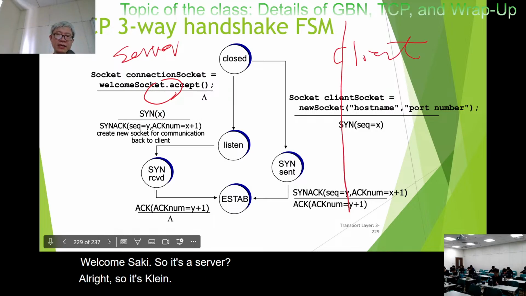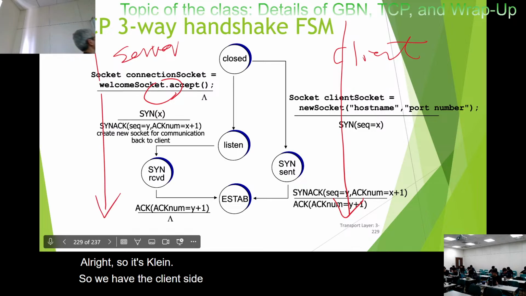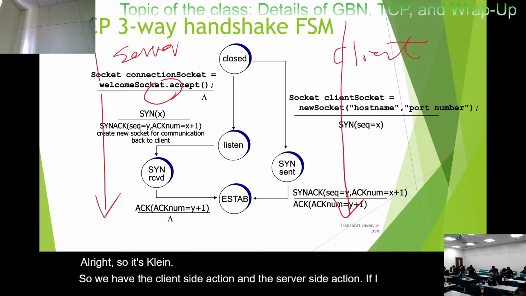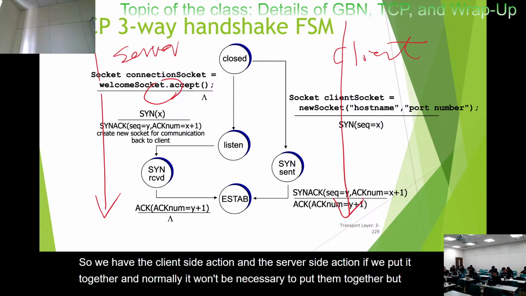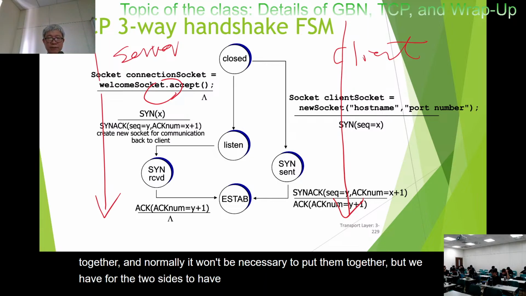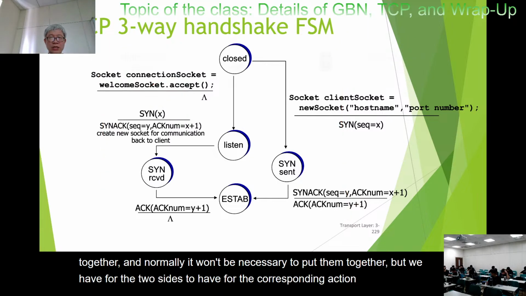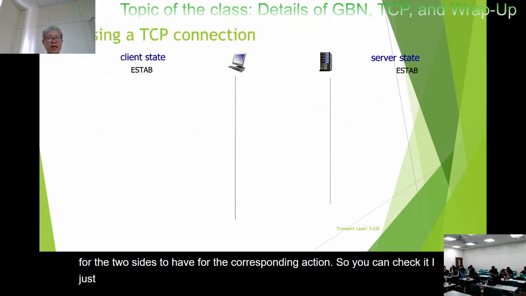So we have the client side action and the server side action if we put them together. And normally it won't be necessary to put them together, but we have the two sides to have the corresponding action. So you can check it. I just want to mention we have that one.